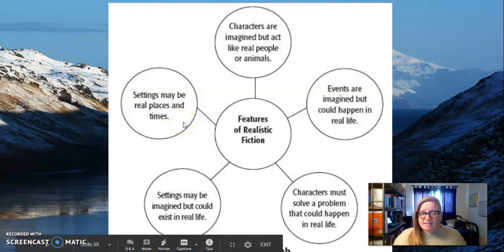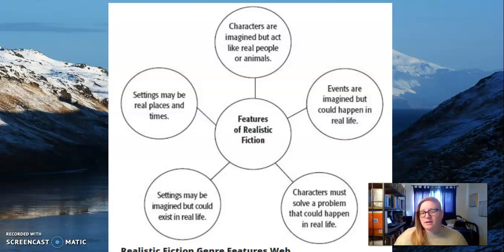Settings may be real places and times. So let's say I'm writing a story about a girl in 1776, and she's talking about the revolution and things like that. That's a real setting, like New York, and it did exist in 1776, so that's a real time.